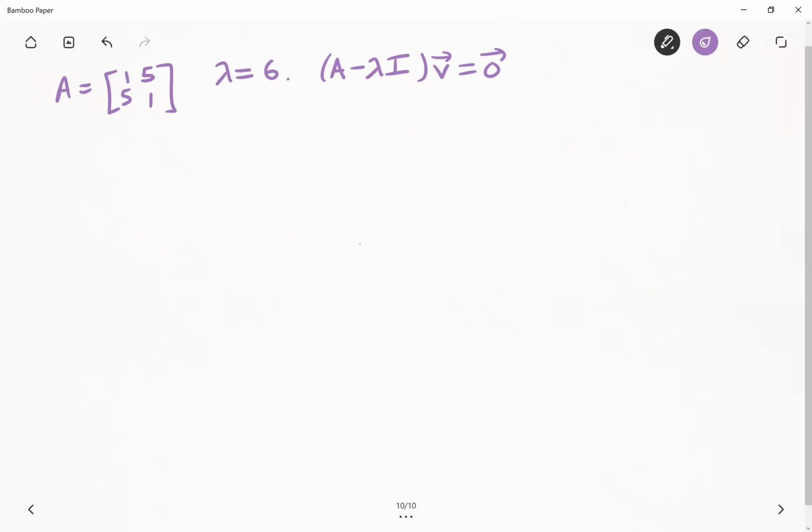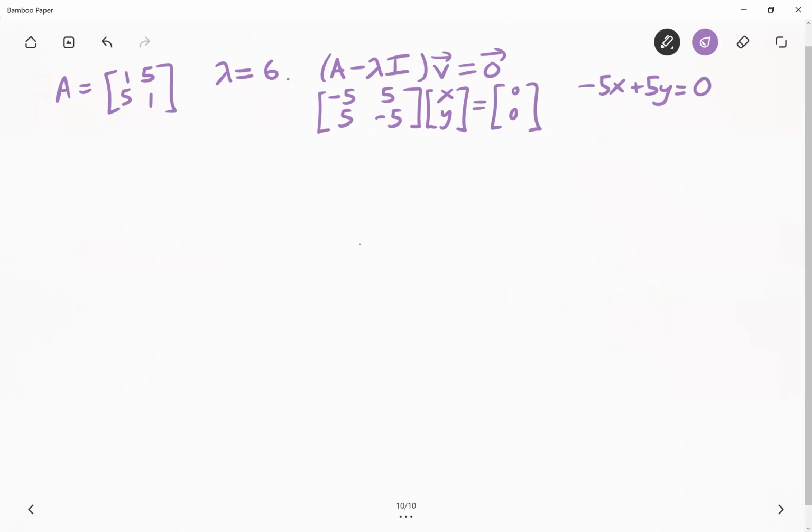So A minus lambda I will be minus 5, 5, 5, minus 5 times xy is equal to the 0 vector. If I expand that out, it's minus 5x plus 5y equals 0.